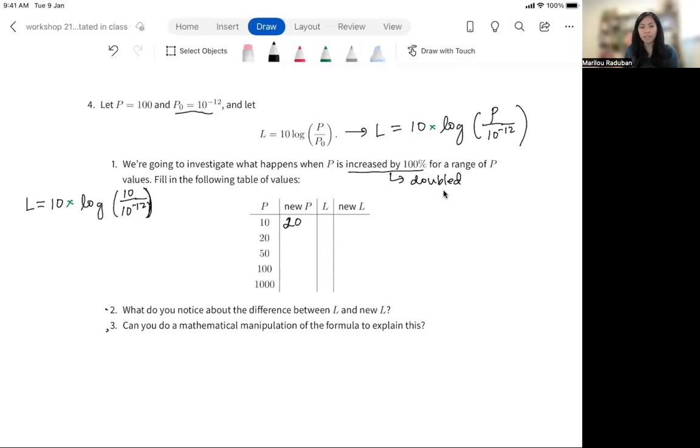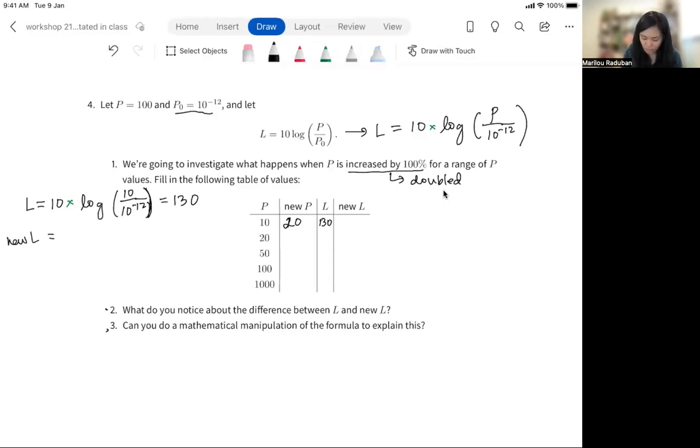Do the log of 10 divided by 10 exponent negative 12. That should give you 13. And then times 10, so that will be 130 for the L.